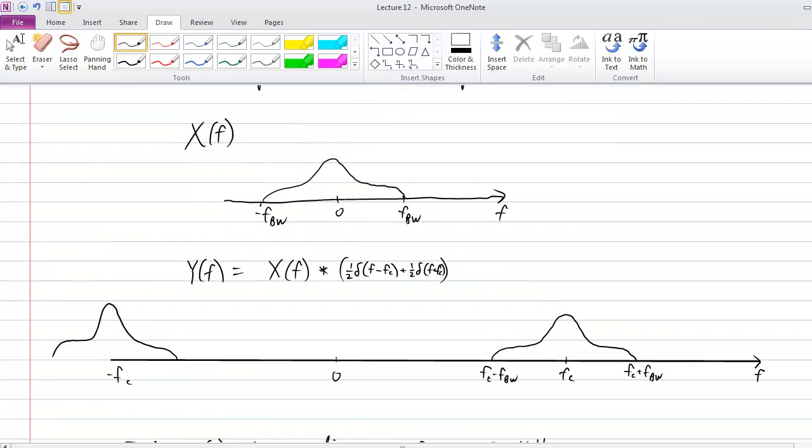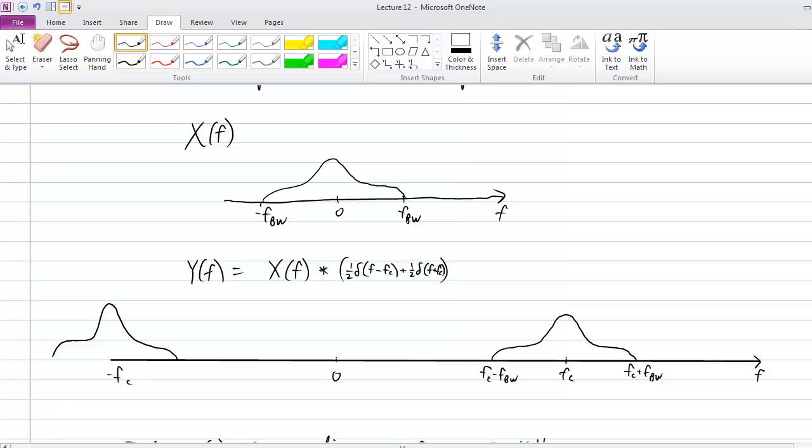Now we convolve again with a delta here and a delta here. So when you take this whole thing and convolve it with the delta here, you shift it over like this. We get two things like this. Right? Similarly, when you convolve it with the delta there, they shift over here. And you actually get something.